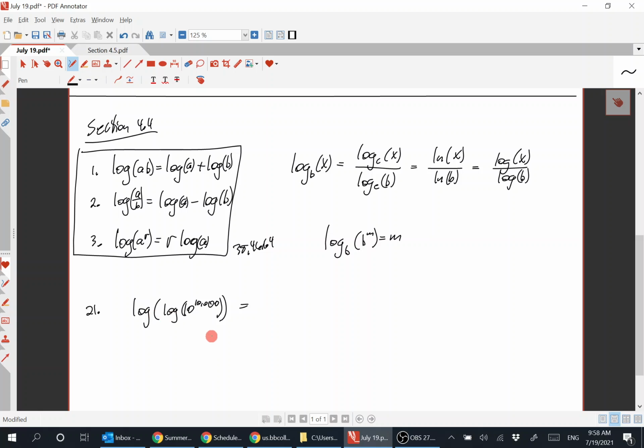When it just says log, it means log base 10 typically. So you could do it this way, or you can bring down that exponent, 10,000, times log of 10. Log base 10 of 10 is just 1.